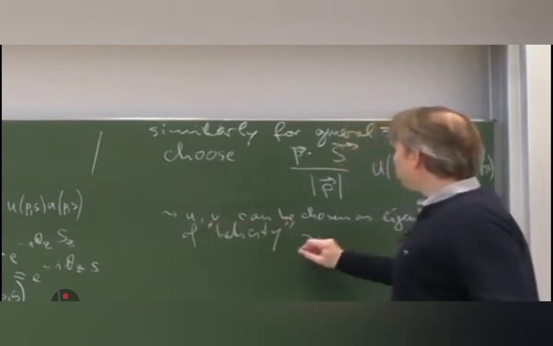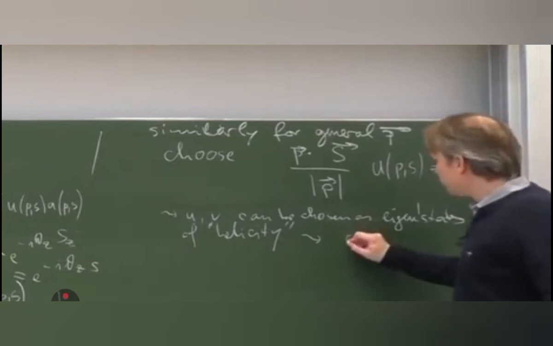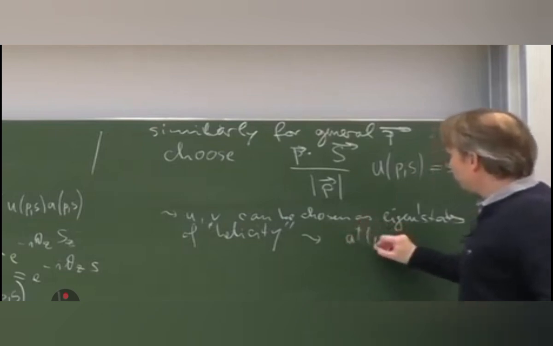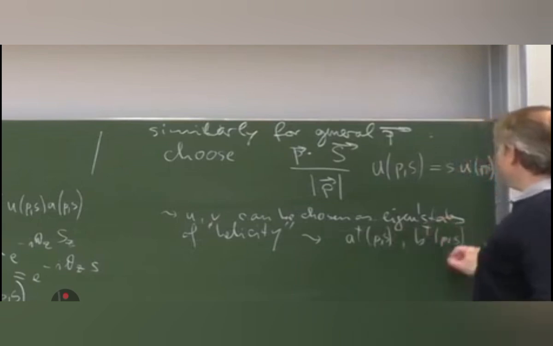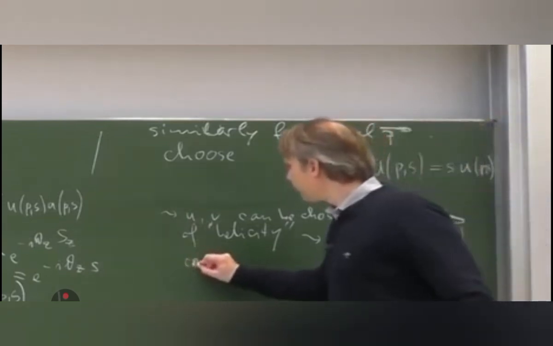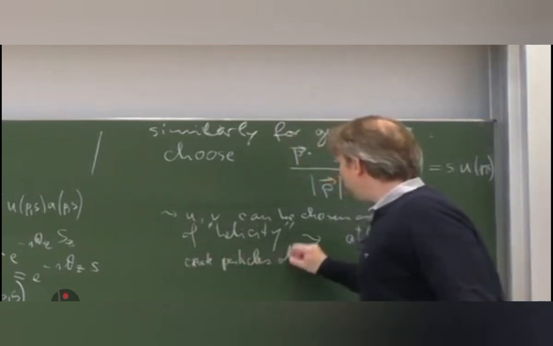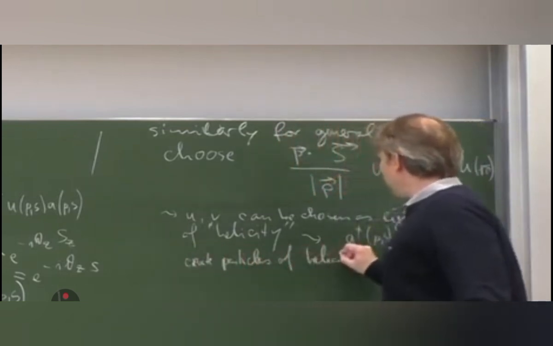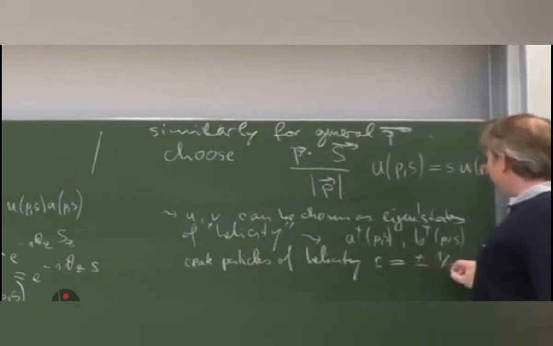And then this equation is modified similarly. If you choose that, then a dagger and b dagger create particles of helicity s, which is either plus or minus 1/2.